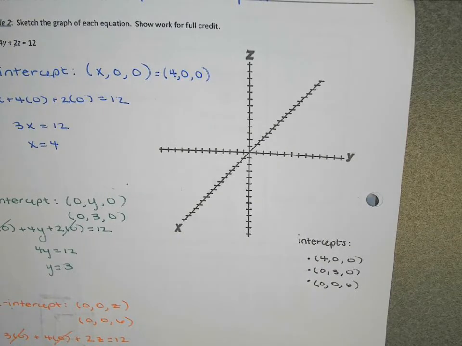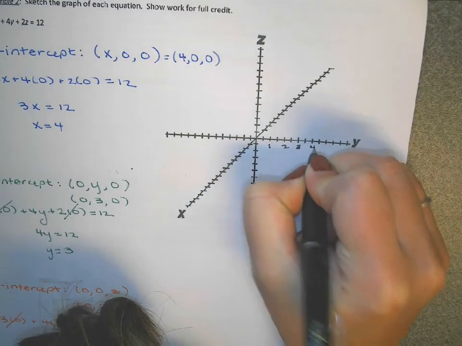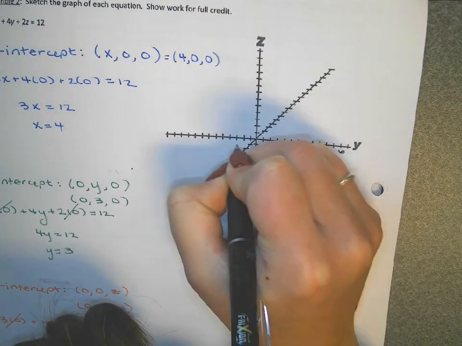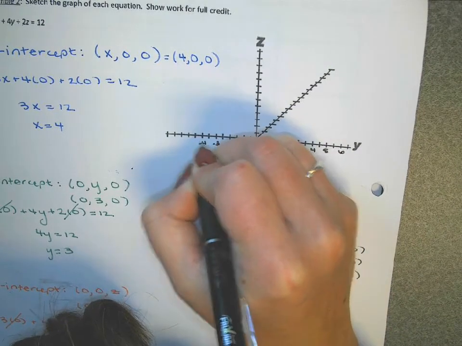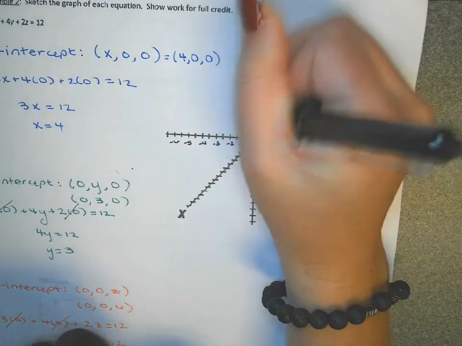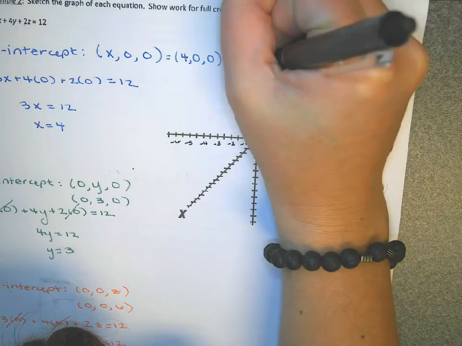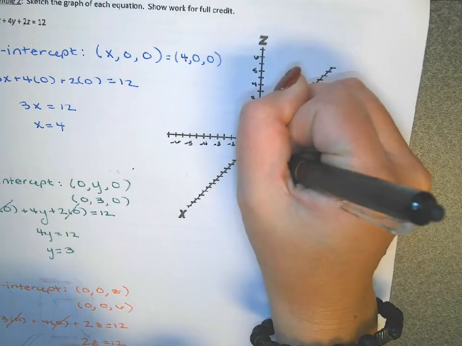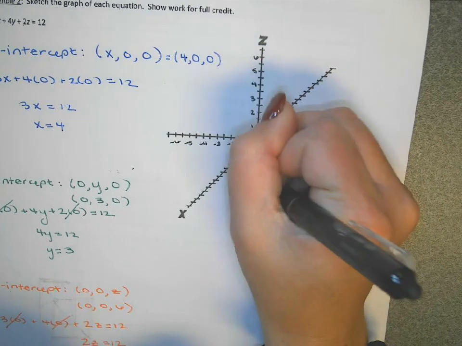I also need scales on my graph. Many people are still losing points on quizzes because they're not putting scales on their graphs. Every graph needs scales. I'm just going to make my scales go up by half so every other line is 1.